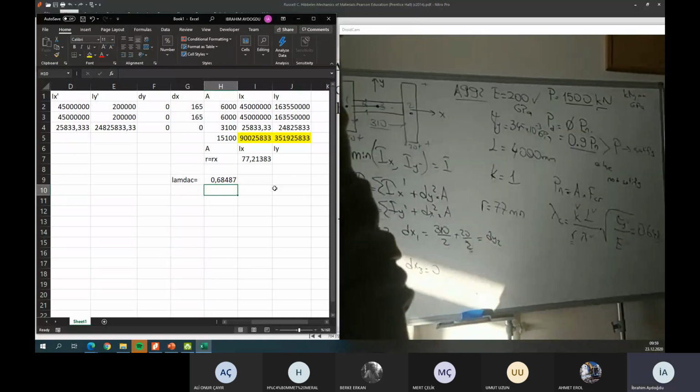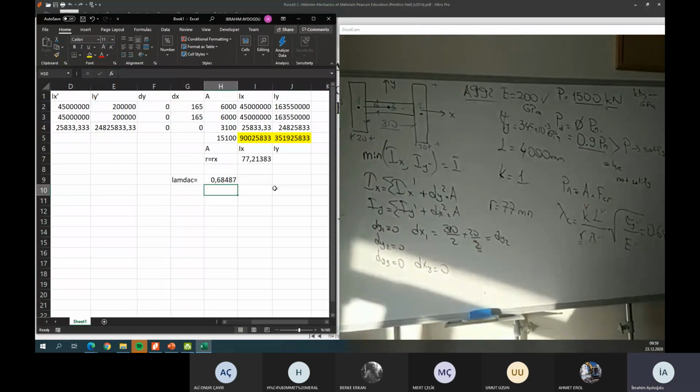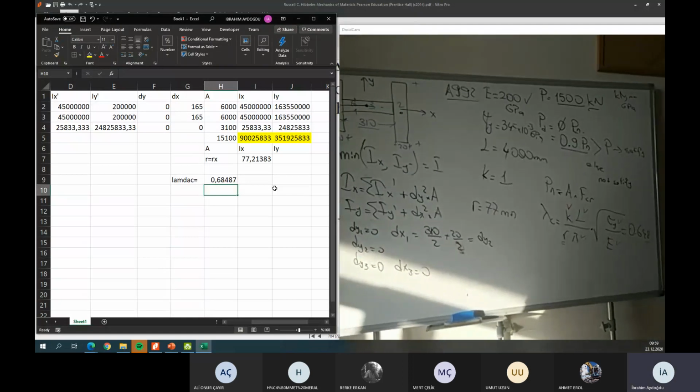Okay, you can see it here. Now we can compare these.